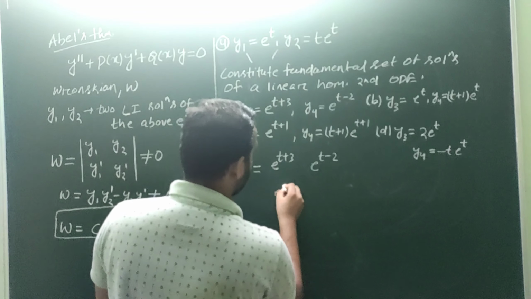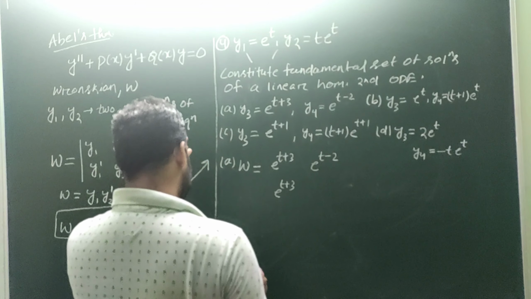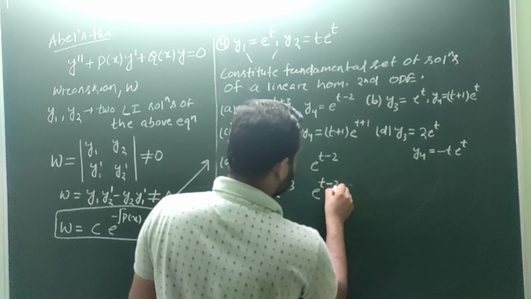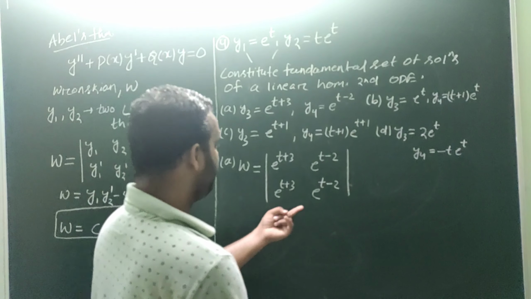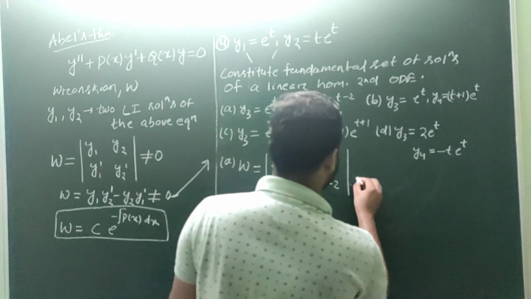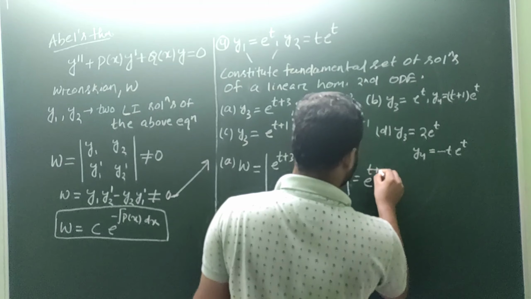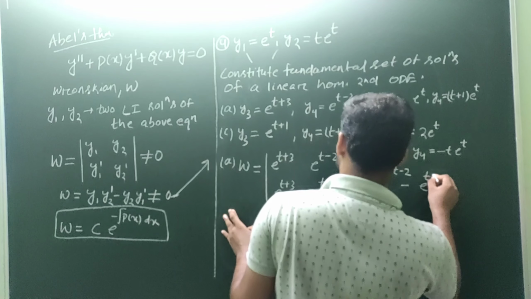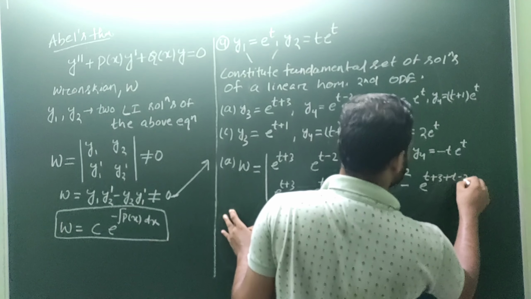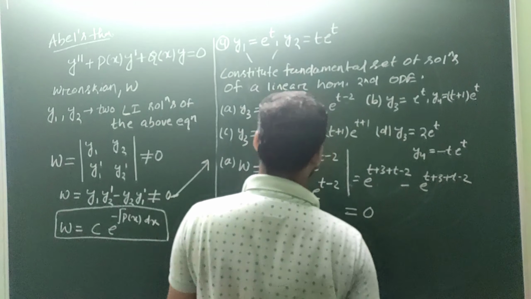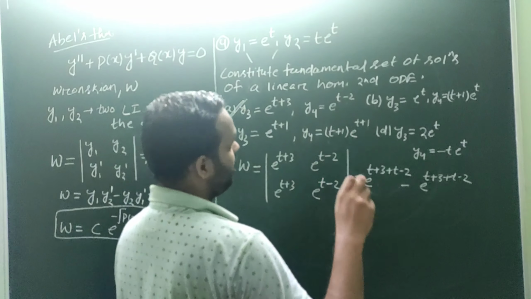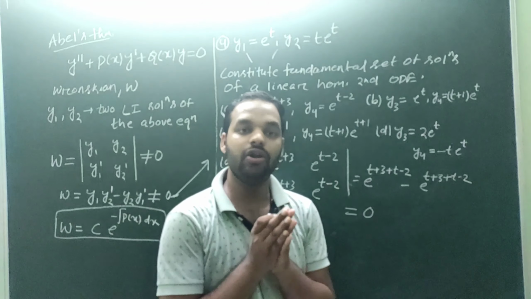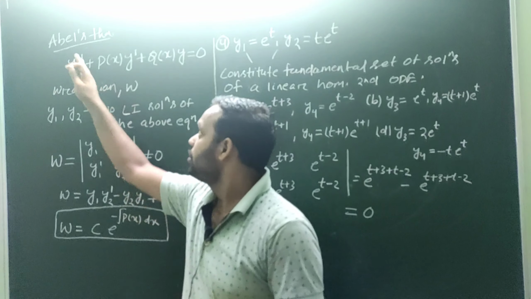The derivative of e to the power t plus 3 is again e to the power t plus 3, since the derivative of t plus 3 is 1, and similarly for the other. If you take the determinant, both terms are equal, so it gives 0. So option A cannot be a fundamental set of solutions for the given linear homogeneous second order differential equation.